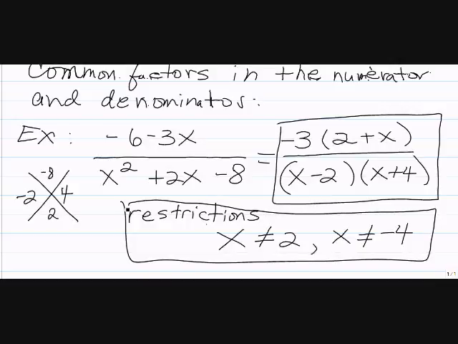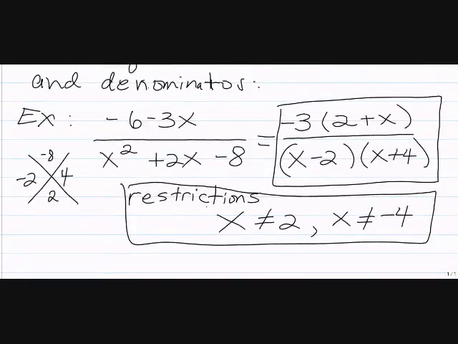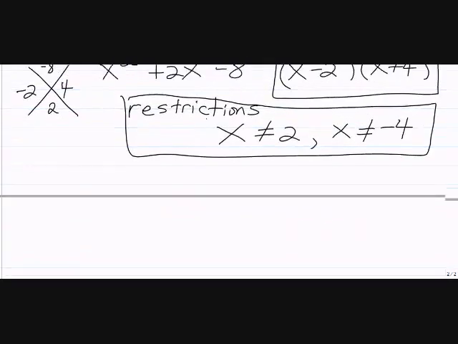Or you can say that your restrictions are x equals 2, x equals negative 4, so they look just like the holes and asymptotes. Or you can leave the word restriction out and write x not equal to 2, x not equal to negative 4. Why are those the restrictions? Those are the ones that will give you 0 in the denominator. That means dividing by 0. Dividing by 0 is undefined. Okay?